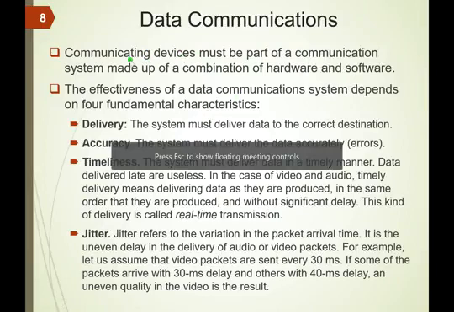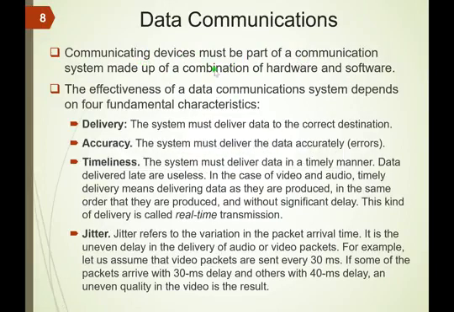So data communication devices must be part of a communication system made up of a combination of hardware and software. For example, I'm talking to you. I have a computer in front of me that takes my voice and encodes it, then I have software installed, Windows and Zoom for example.